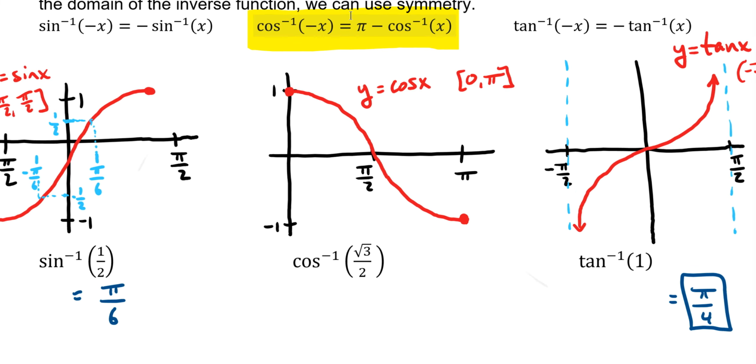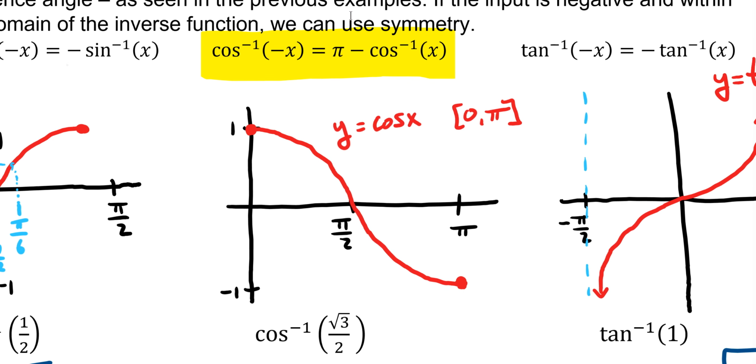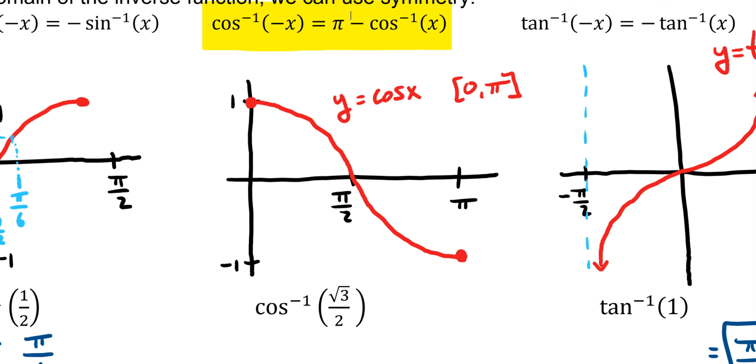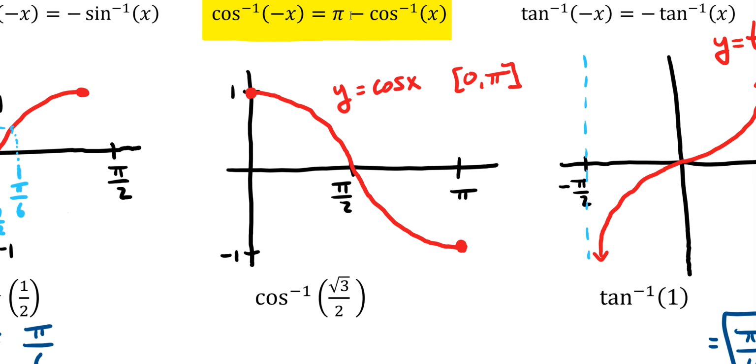What we're going to do, just like I have highlighted right up here at the top, is if we are evaluating cosine inverse of a negative, we're always going to do pi minus the answer as if it was positive. I'll show us why that is graphically once we do two of these questions here. But let's go ahead and just jump right in.